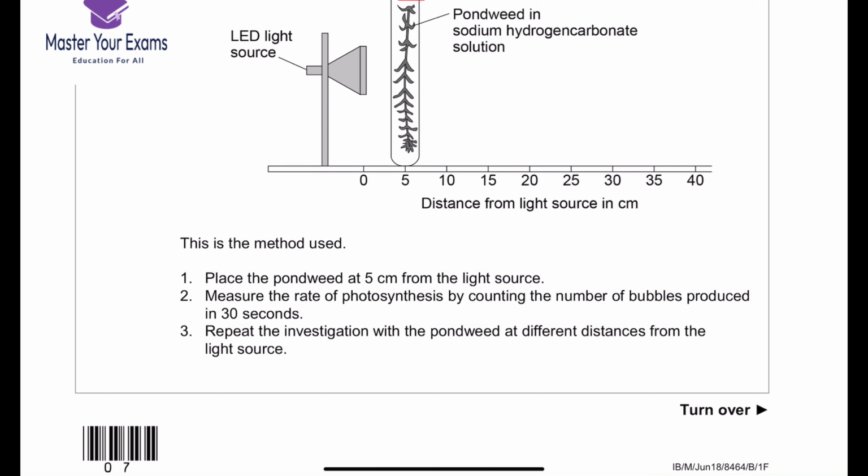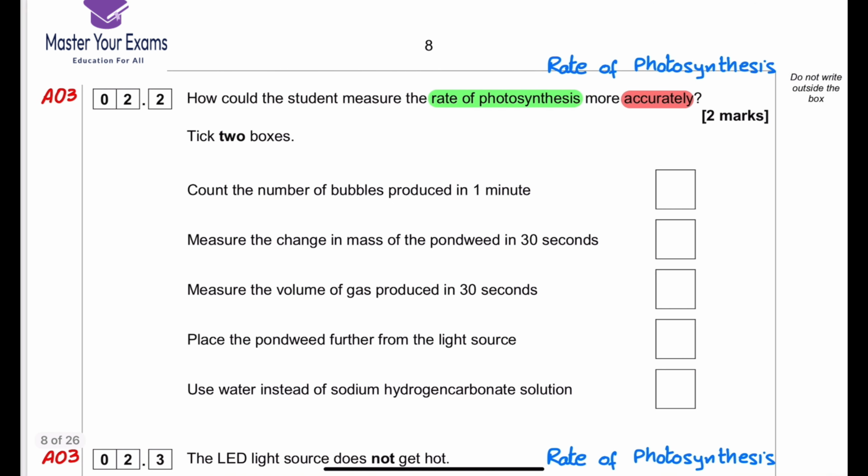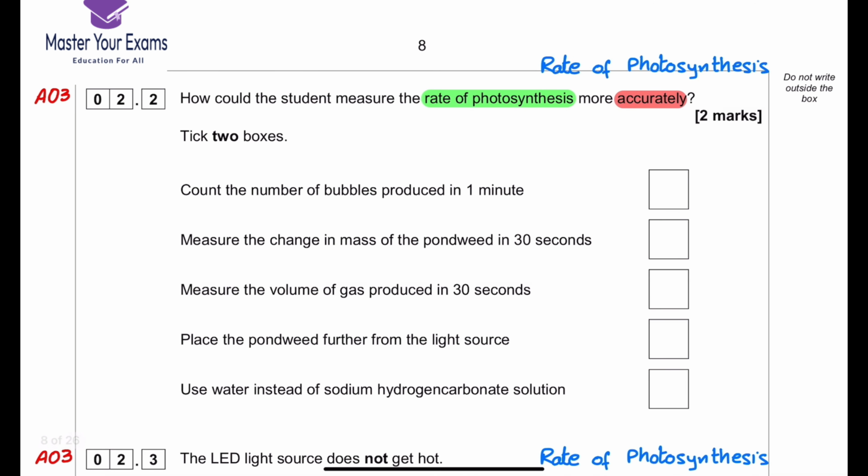Now we are going towards our question number 2, which is related to this investigation. And the question is, how could the student measure the rate of photosynthesis more accurately?